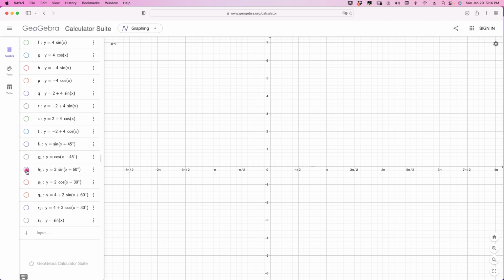So here we have what that looks like. This isn't shifted on the y-axis, it's centered on the original x-axis, so we don't have a number in front. All we have is a shift where instead of crossing at the origin, the sine is crossing back here 60 degrees behind the origin.